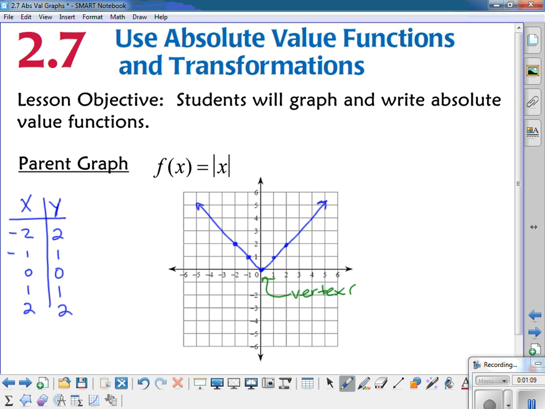So the parent graph, we have our vertex at 0, 0. Each side is linear, but the graph as a whole is not linear. This side here on the right side is just the line y equals x, and the other side is the line y equals negative x.